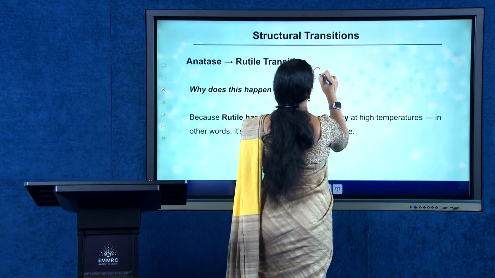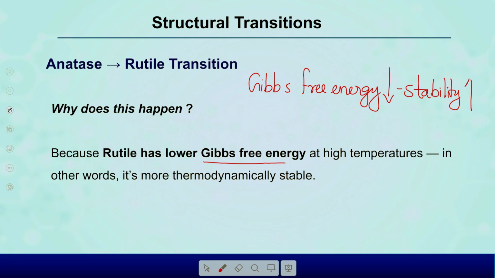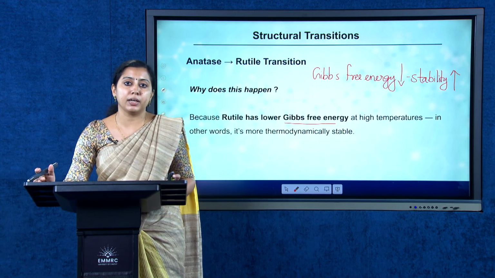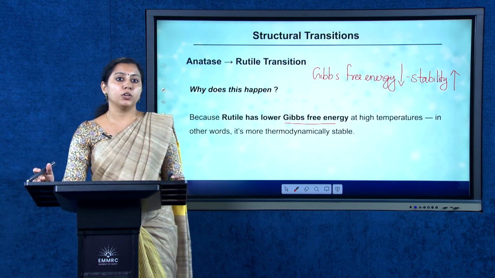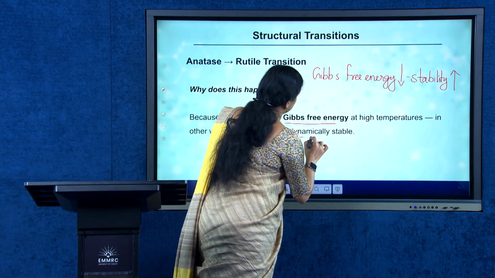So, when the Gibbs free energy decreases, stability increases. So, among the three polymorphs of titanium dioxide, the rutile form has lower Gibbs free energy at high temperatures, or in other words we may say it is the more thermodynamically stable state.